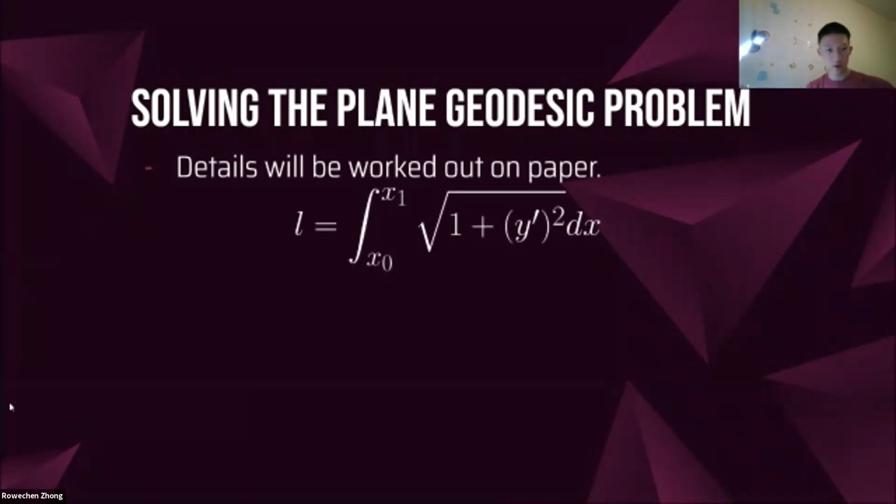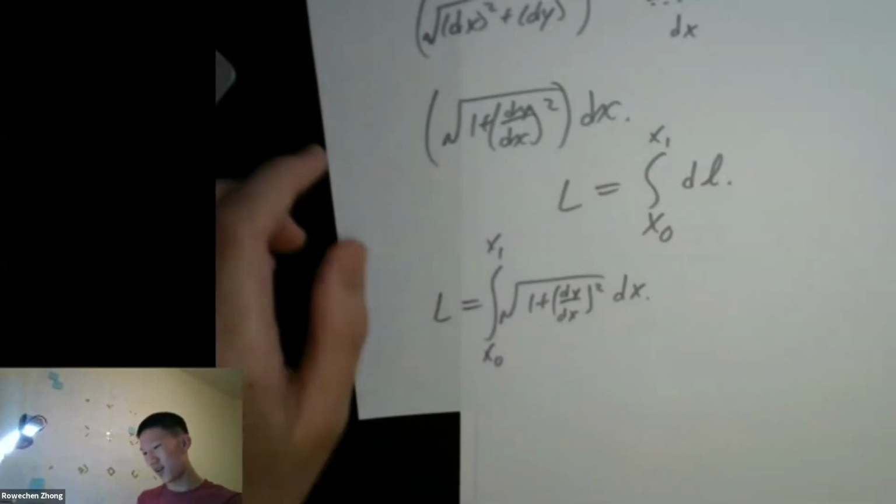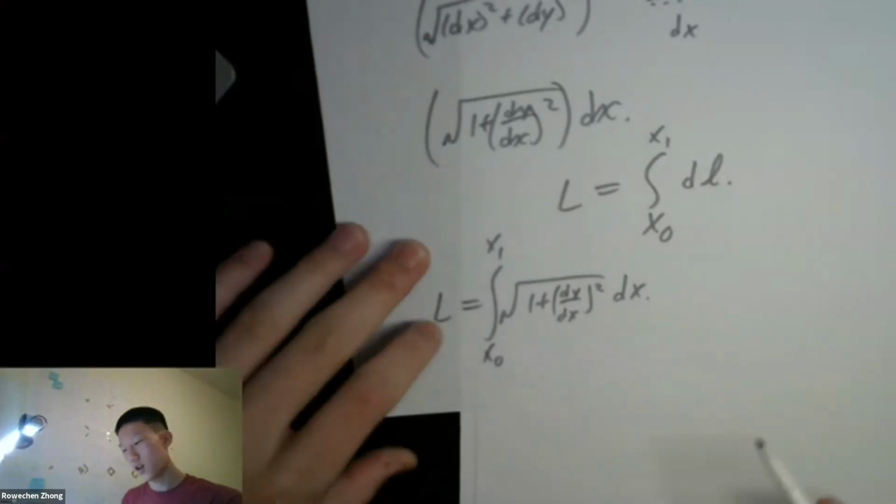We have our integral. This is what we've just worked out. y prime. What is y prime? We had a dy over dx. Remember how I told you guys earlier that that's exactly what the derivative of a function is? y prime is just another way of saying that. Great. Okay. Go ahead and try to minimize this. How do we minimize this?